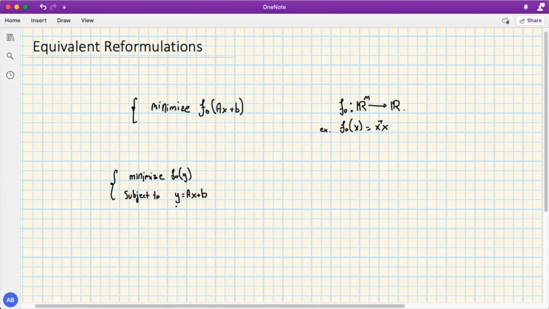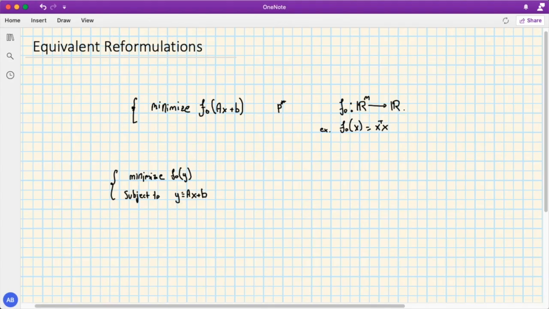Okay, so let's denote the optimal value of this problem by p star. So over here, the optimal value is p star. So what does optimal value mean? It means the minimum of f0 over the feasible region. What is the feasible region or set over here? It's all of R^m, because we don't have any constraints to define a feasible set.